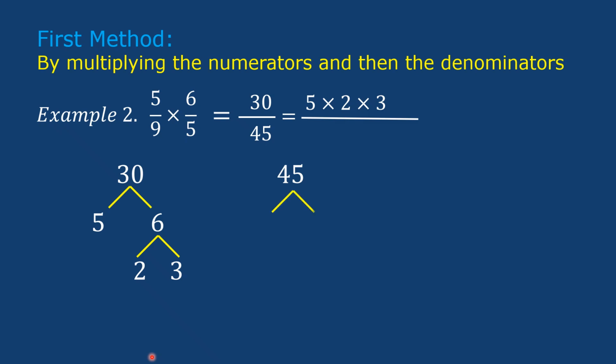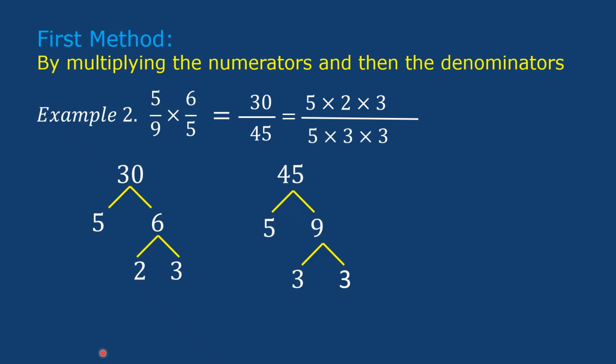And then 45. Think of two numbers that multiply to 45. 5 and 9, because 5 times 9 is 45. 5 is already a prime number, so think of two numbers that multiply to 9. 3 and 3 because 3 times 3 is 9.